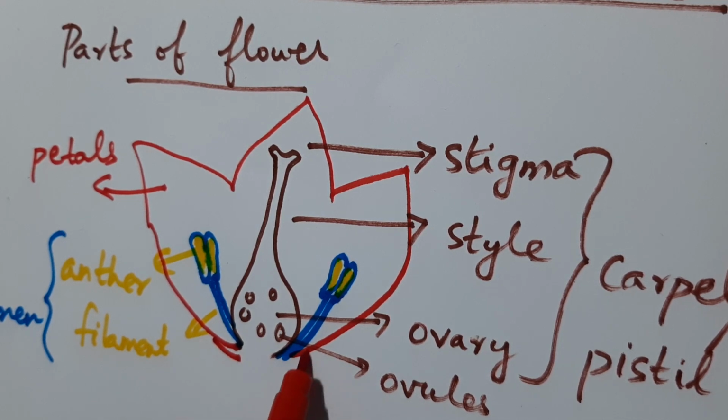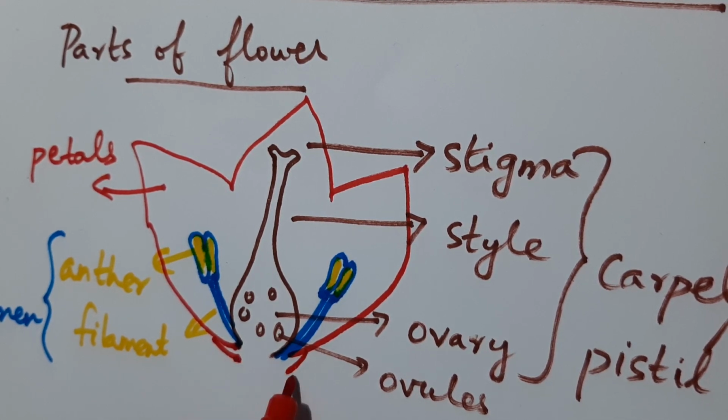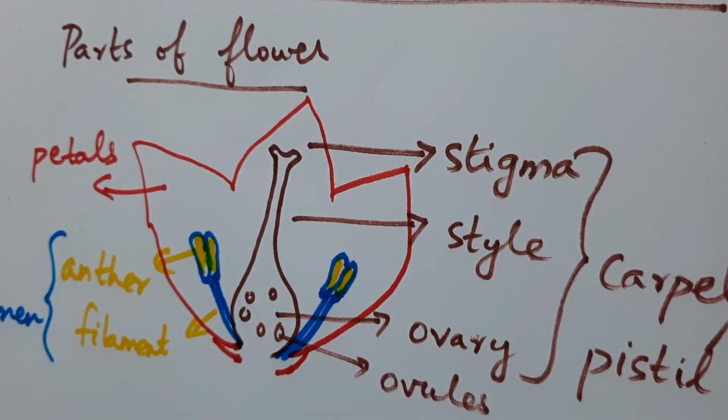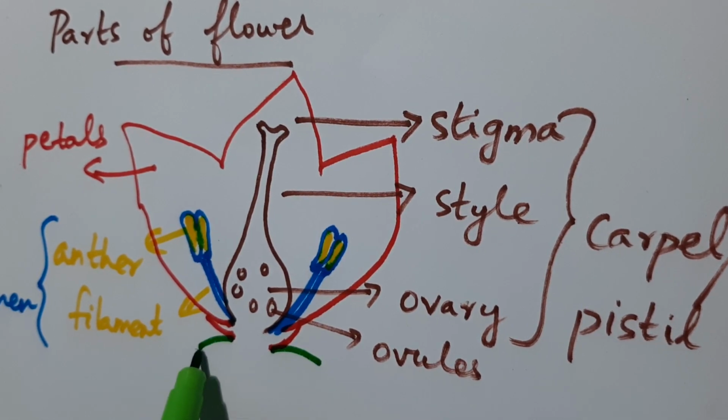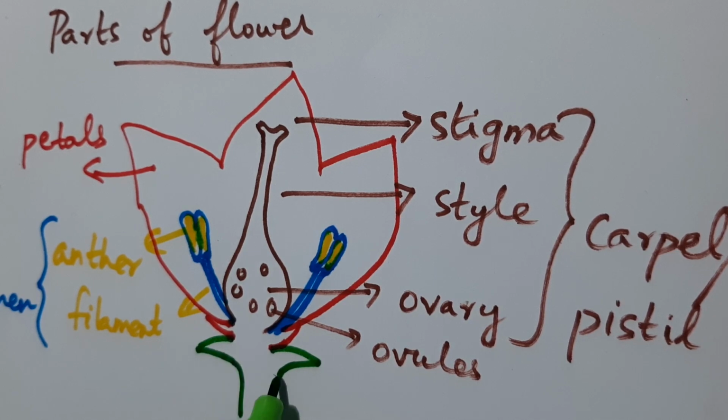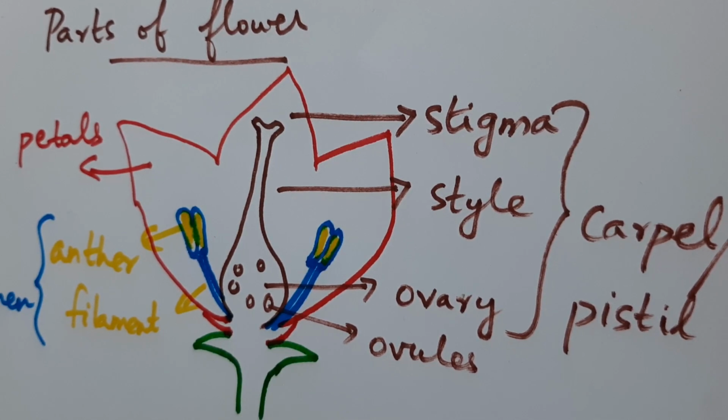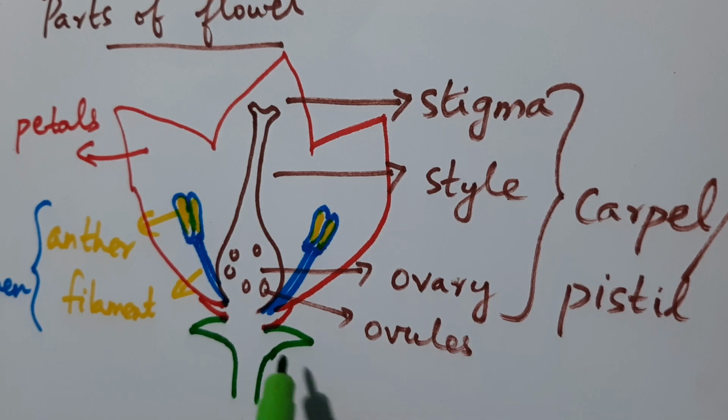From the basal part of the petals, the next whorl comes out, which is called the sepals. Sepals will be green and they will look like leaves. This is how sepals are. And the stalk of the flower, which is called as pedicel. So, these are the sepals.